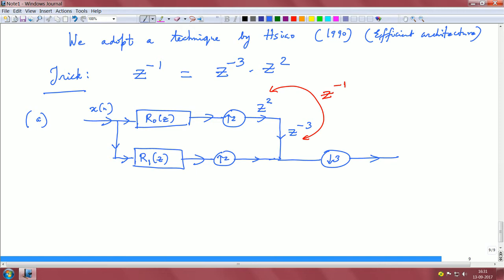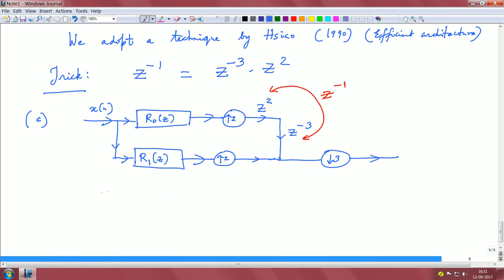So this is the first step. The next step is by pushing this downsampler into each of the branches, as what we have usually done, and then now think about applying Noble identities to this path. So let us now, this is the first step, right.